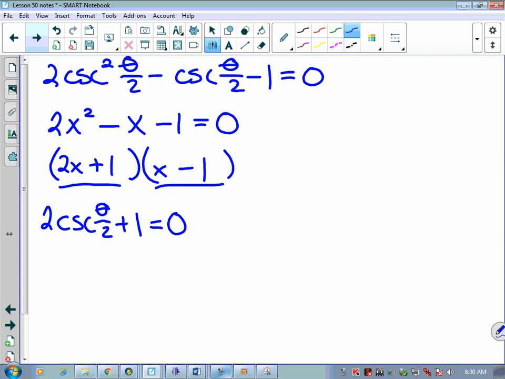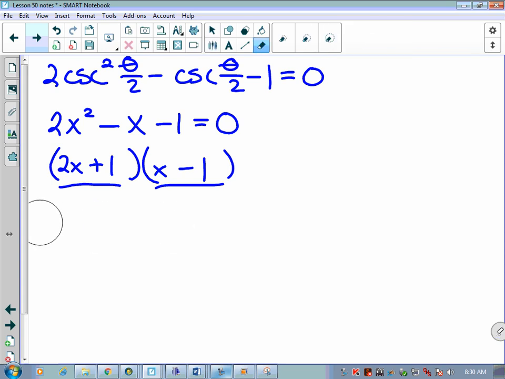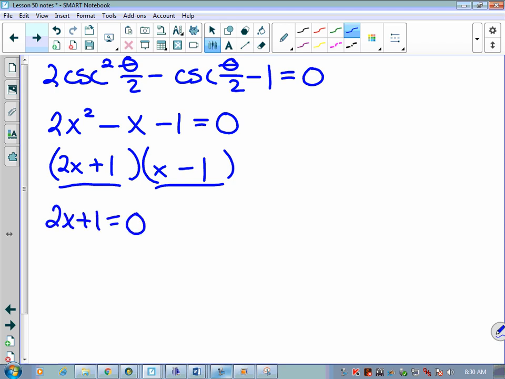All right, let's make sure I got this. Yes? Could you just solve the factor down to like where x equals 1/2? So you're saying, if we got 2x plus 1 equals 0, you'd subtract 1, right?